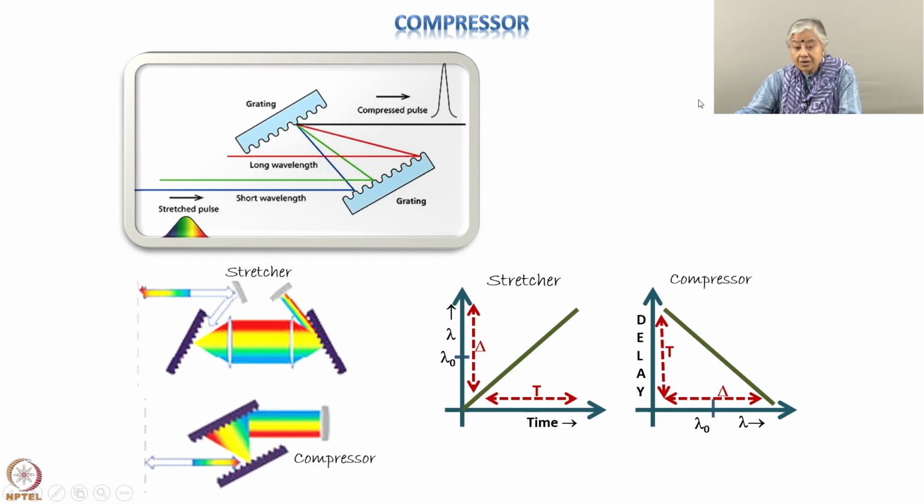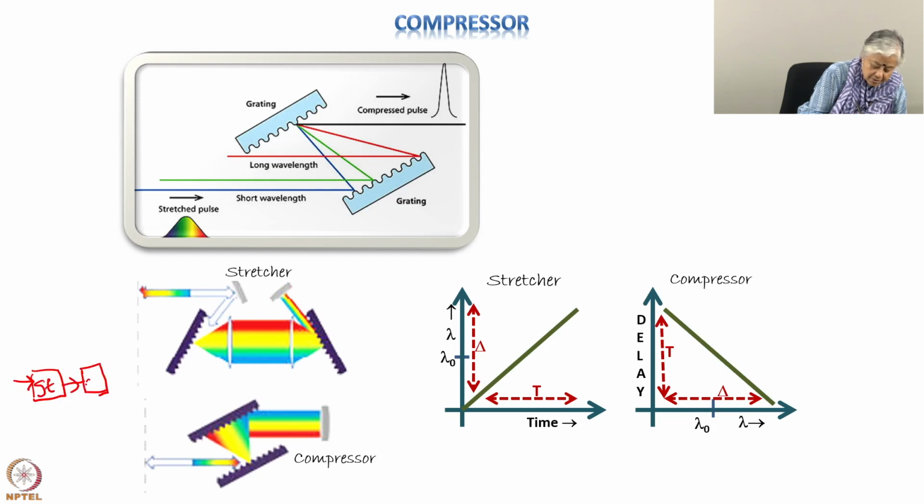Now, suppose you were to place a stretcher and a compressor one next to the other. You have the input beam, it goes into the stretcher and almost immediately it goes into the compressor.